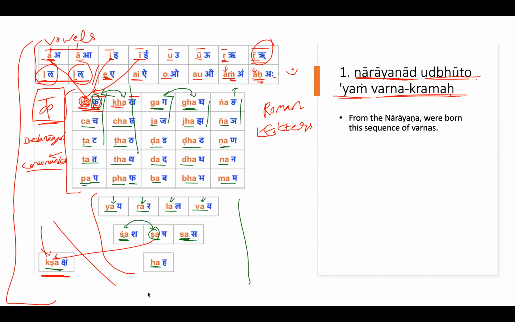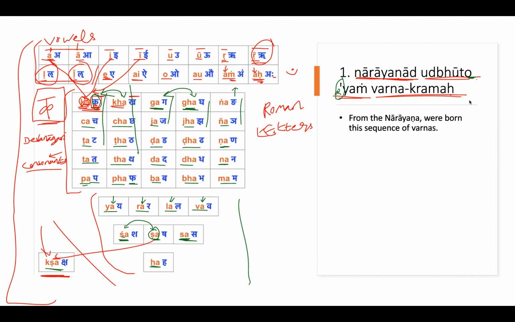So that is the first sutra today. So memorize this one. Narayana Dudbhutoyam Varna Kramaha. When you are pronouncing it together with the Sandhi, you shouldn't pronounce this A here, because it's deleted because of the Sandhi rule, which we will study in the first chapter.